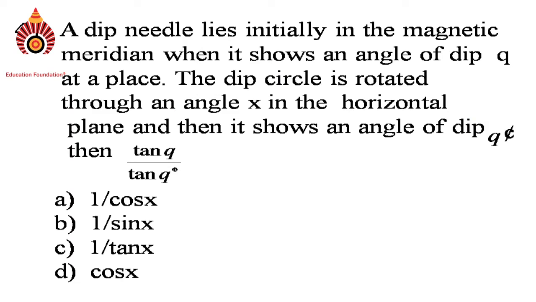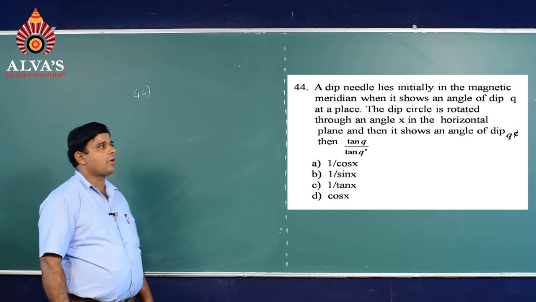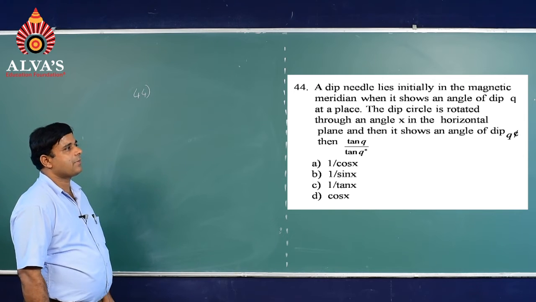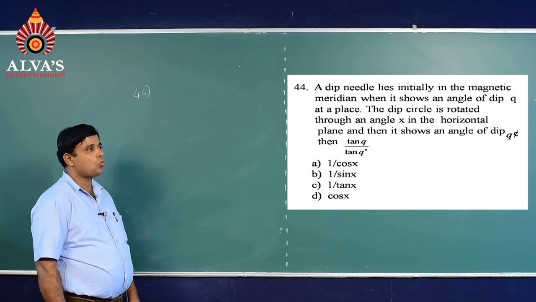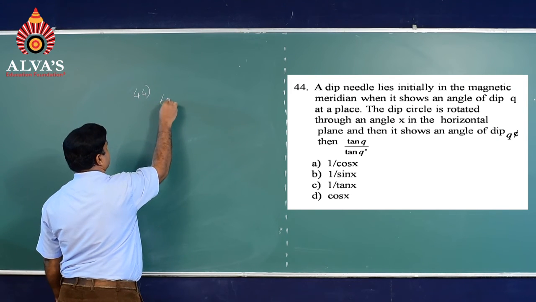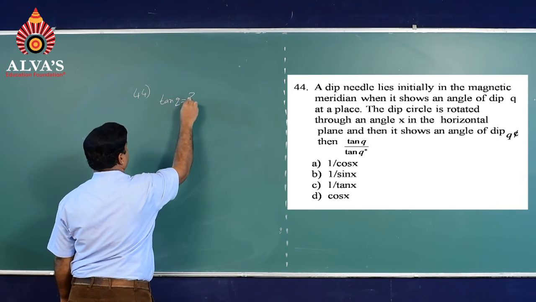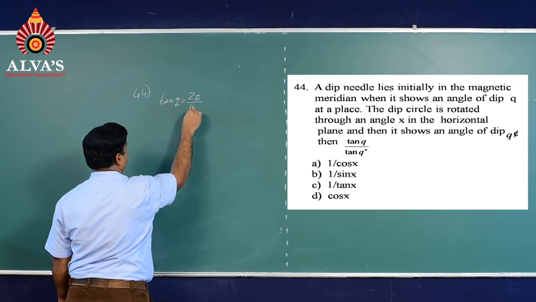A dip needle lies initially in the magnetic meridian when it shows an angle of dip theta at a place. The dip circle is rotated through an angle x in the horizontal plane and then it shows an angle of dip phi, then tan theta divided by tan phi is? Whenever the dip circle is in the magnetic meridian, it shows the actual dip or true dip, which is given by tan theta equal to Ze divided by He.